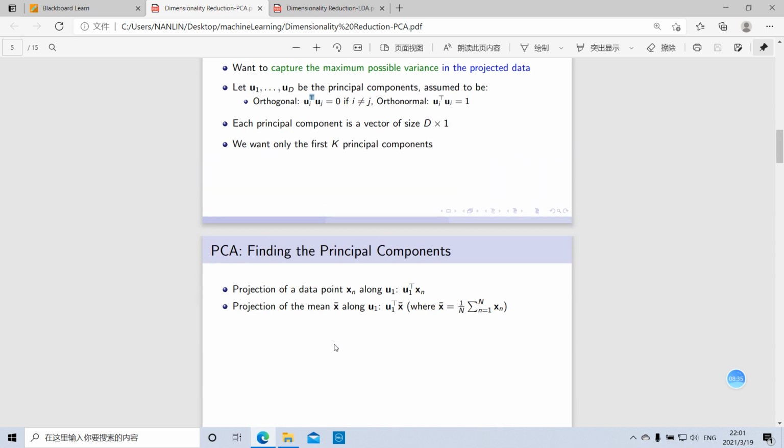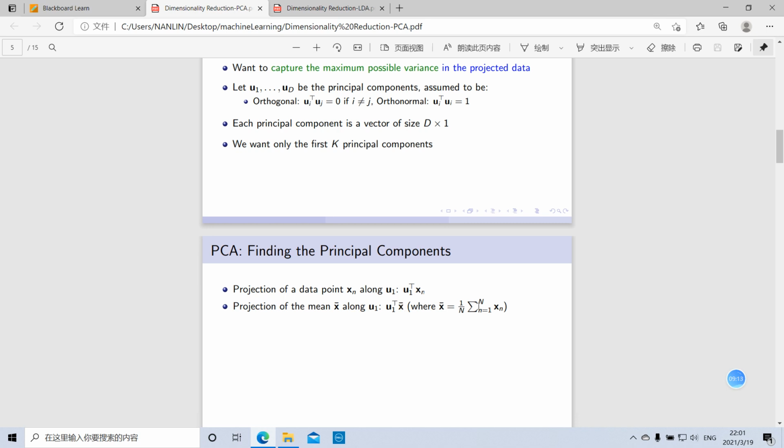We need to project a data point, let's say x_n. For example, U1 is the first principal component on this original dataset. We need to calculate the mean as well, so this is X bar, the mean of the Xn.